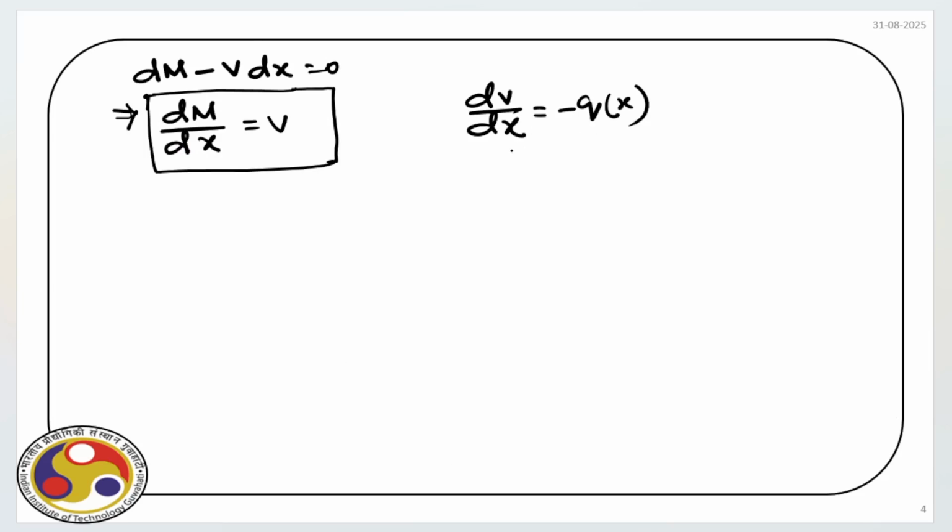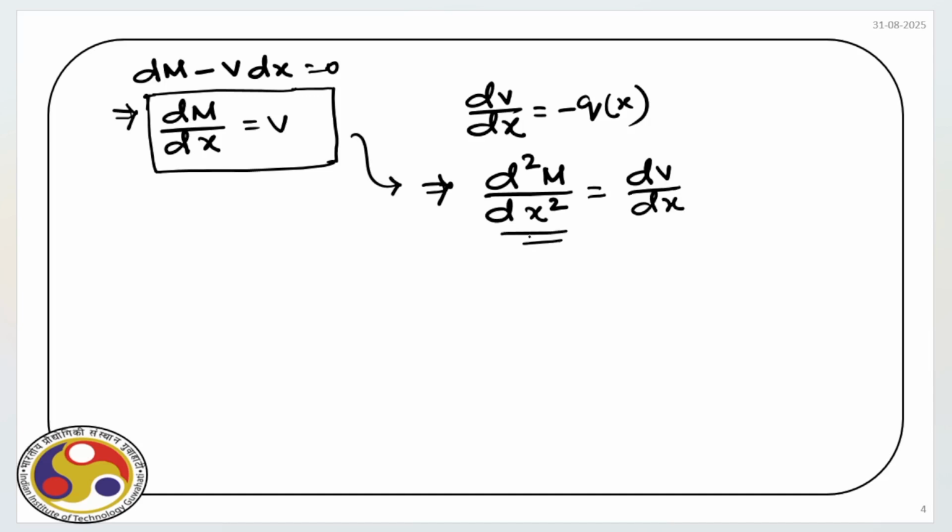Now, if I use this expression here and differentiate the left hand side, we get the second derivative of M with respect to x. On the right hand side we had V, so now we get dV by dx, which is obviously equal to minus of the intensity of the load, so minus q(x).